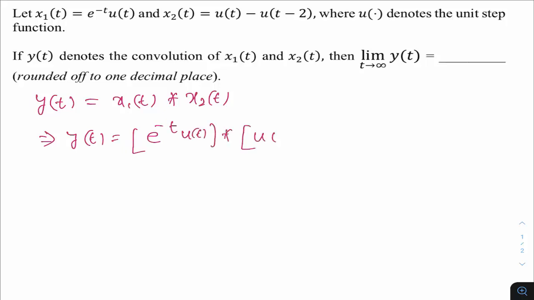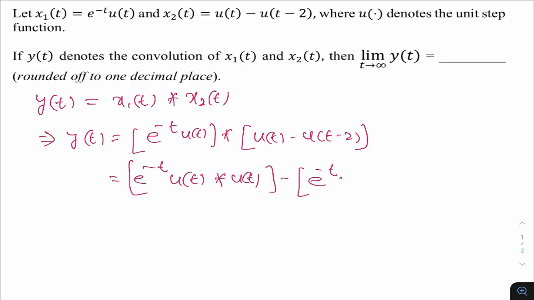If I substitute, this is u of t minus u of t minus 2. If I simplify, this is e raised to power minus t u t convolved with u t, then you have a minus sign, that's why it is minus, then e raised to power minus t u t convolved with u of t minus 2.